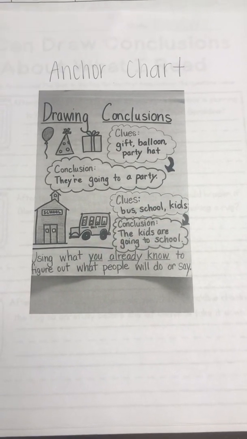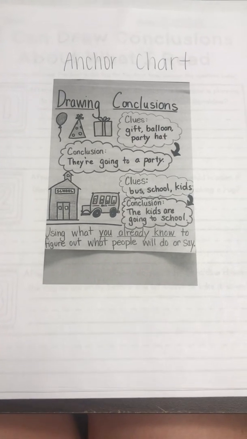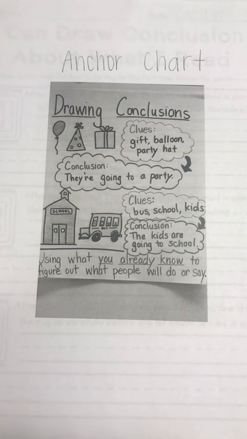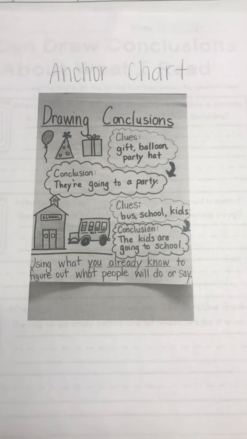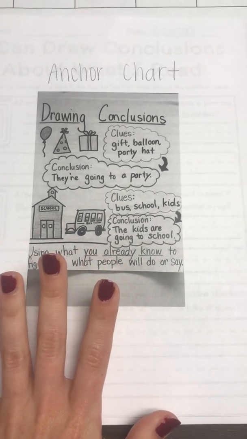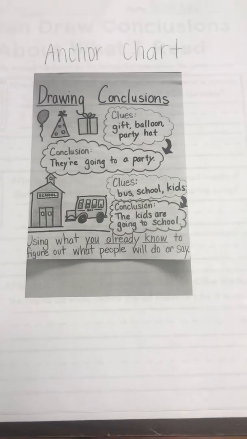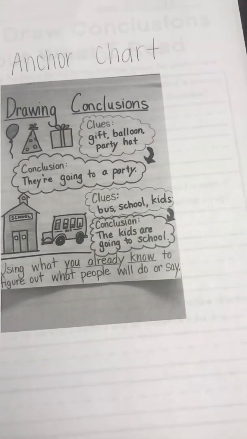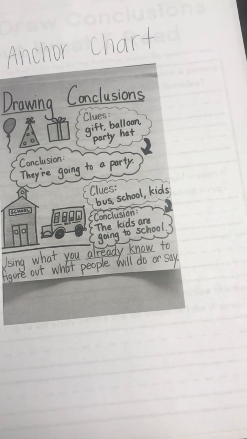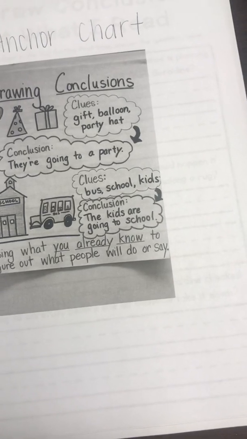But basically, a conclusion is coming up with a thought based on the information that you are reading and based on any prior knowledge you already have. I have another anchor chart on our comprehension page, and then I have a little video that talks about it a little bit more. So definitely check out the comprehension page for conclusions.